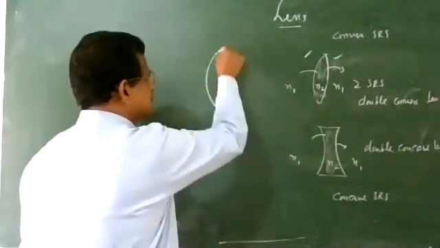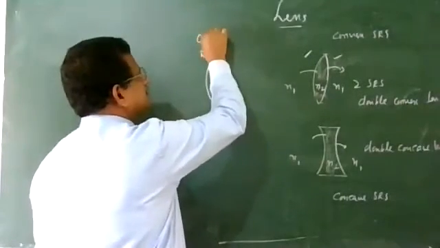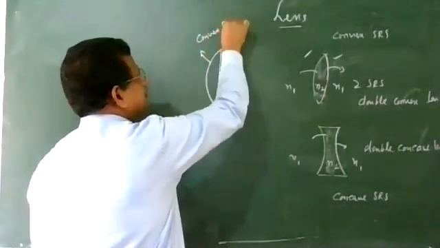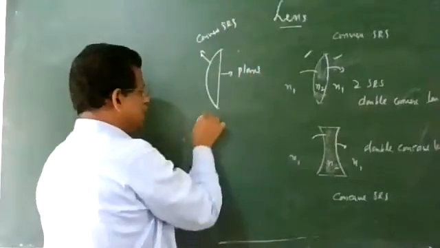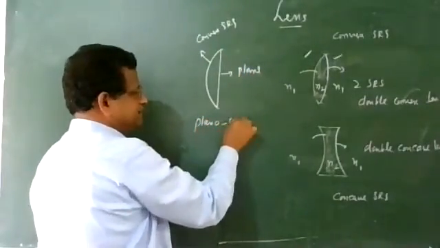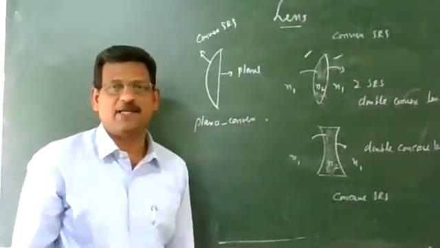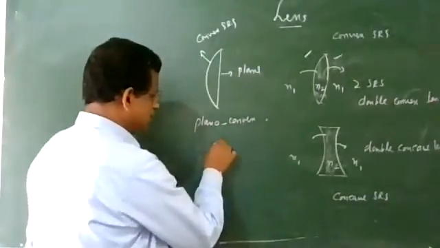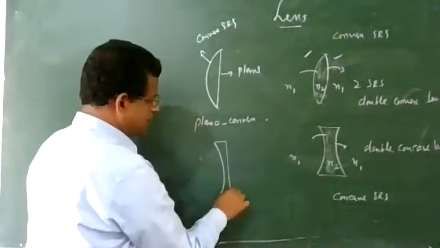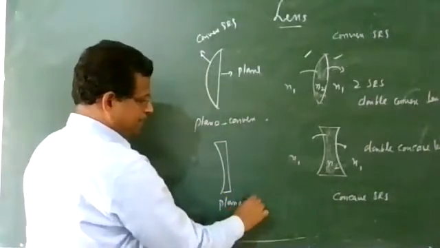So if the first is a convex SRS and the second surface is a plane surface, we call it a plano-convex lens. And one surface can be concave, the next one plane. So this is a plano-concave lens.